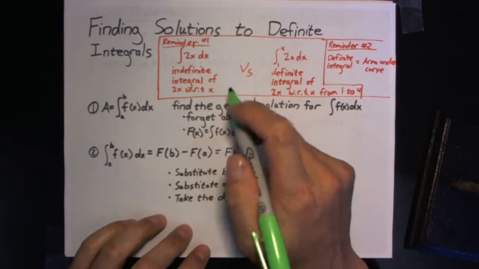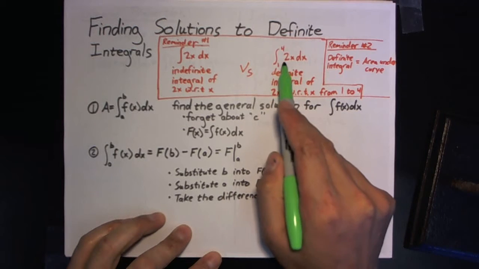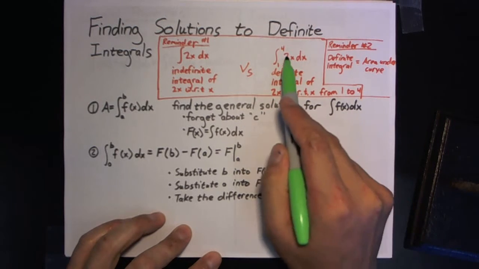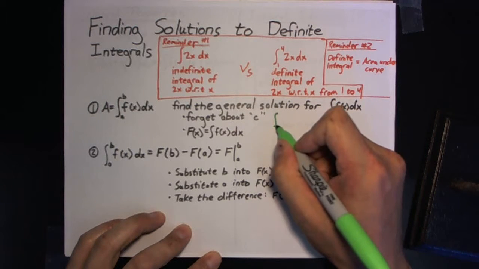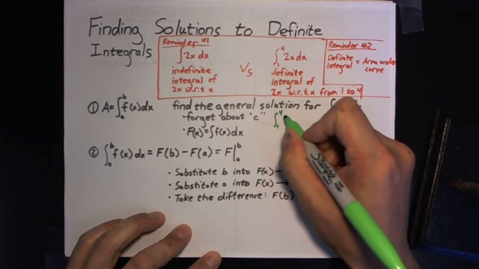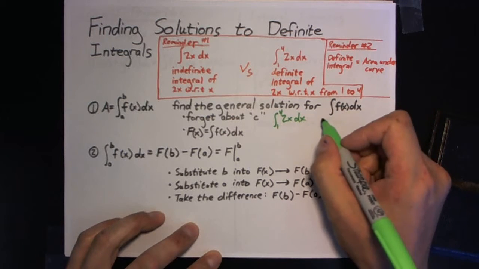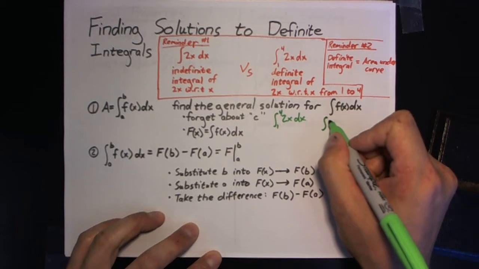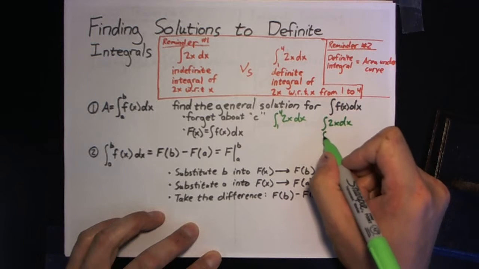Just to continue with my example, the definite integral from 1 to 4 of 2x dx. If we start with this, the first thing we need to do is calculate the indefinite integral of 2x dx. The 2 comes out.